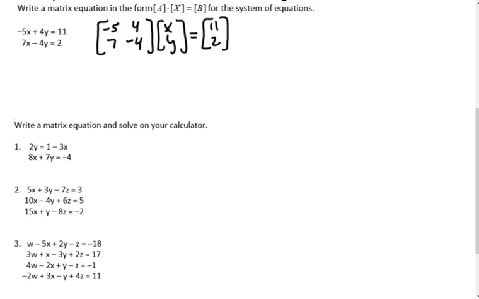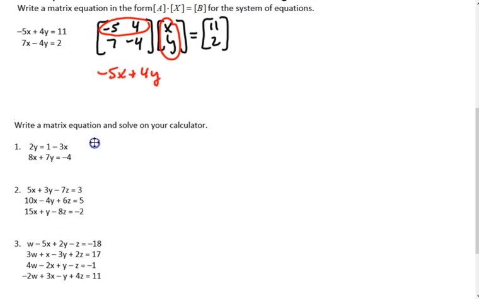Now to show you that this is actually the same as what we just had, if I do matrix multiplication, notice I do -5, 4 times xy. So that would be -5x plus 4y.